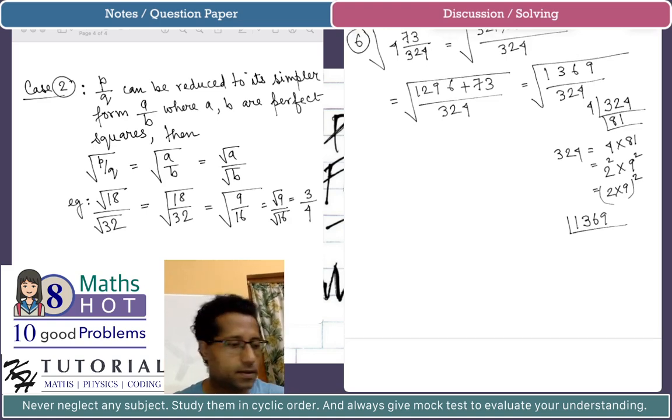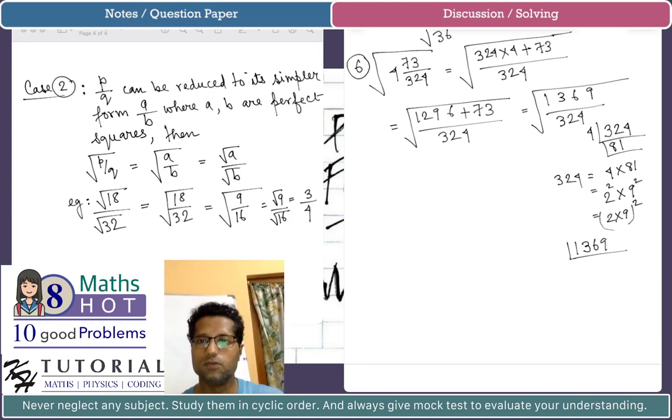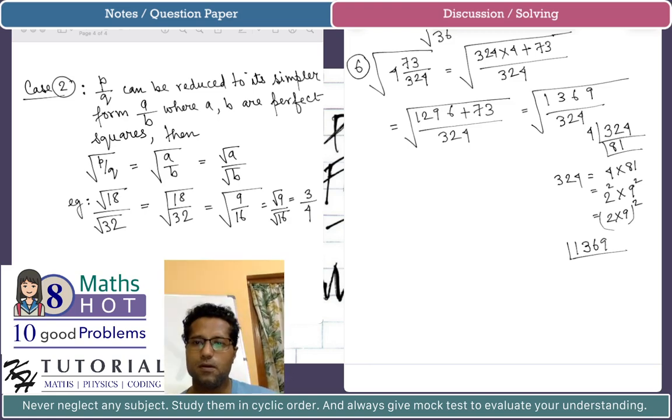Let me check if I did the calculation correctly or not. 4 and 73 by 324. So this is 324 multiplied by 4 plus 73. 324 multiplied by 4 is 1296, plus 73, which is 1369.